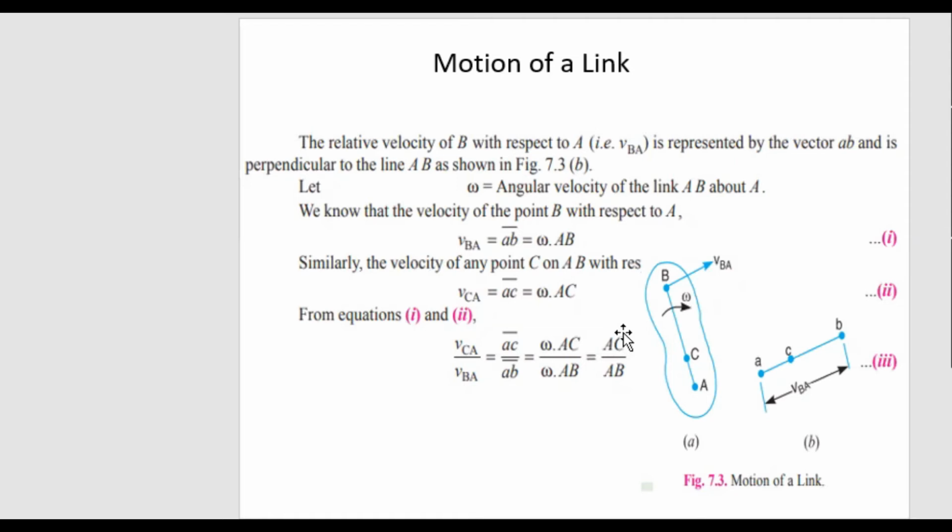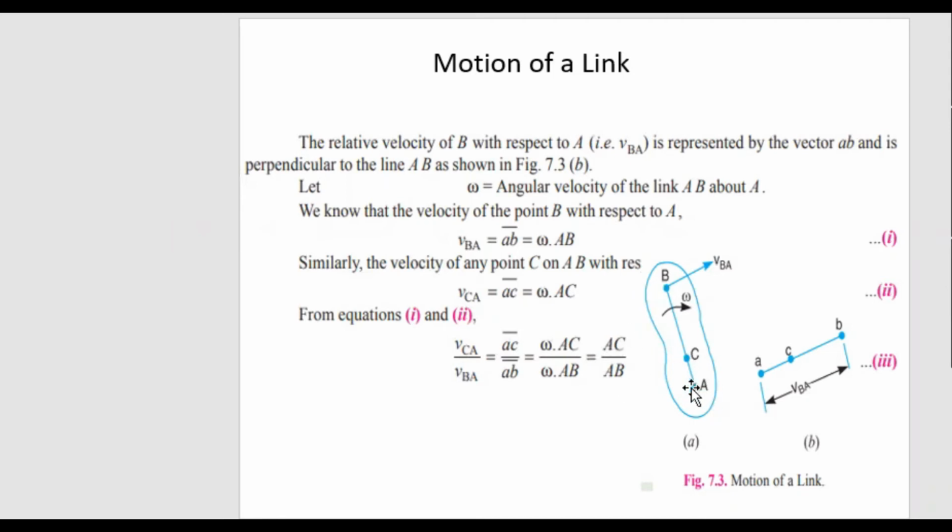and you need to follow this scale factor throughout the drawing part, because by measuring your distances and lengths, you are going to find the velocity. That's the important factor here. You see here, the ratio of VCA upon VBA, that is velocity of C with respect to A and velocity of B with respect to A. This is velocity. And if you see here, AC and AB, they are lengths.